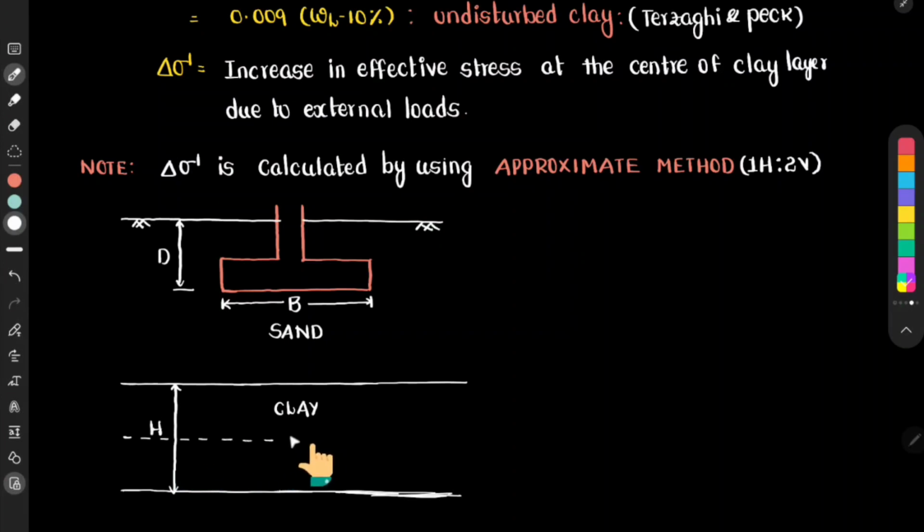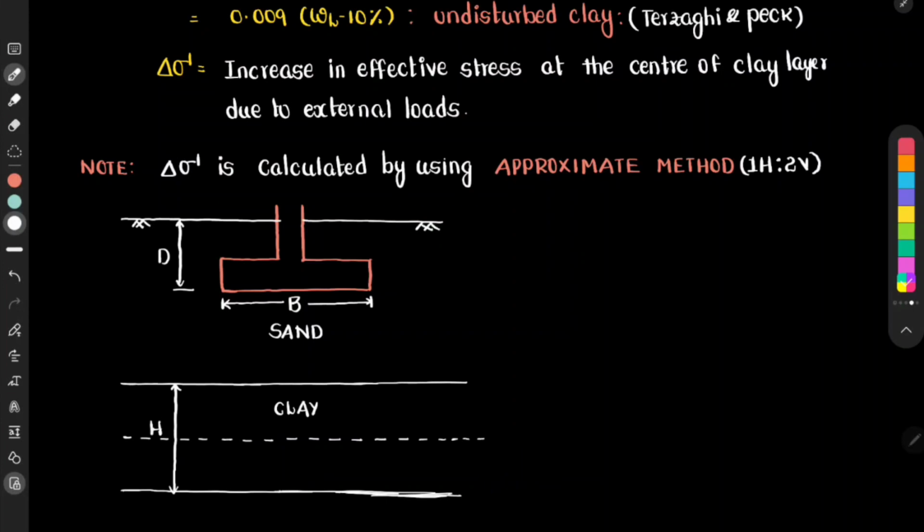The consolidation occurs in clay. I will explain later why consolidation occurs in clay, but for now, remember that consolidation happens in clay.